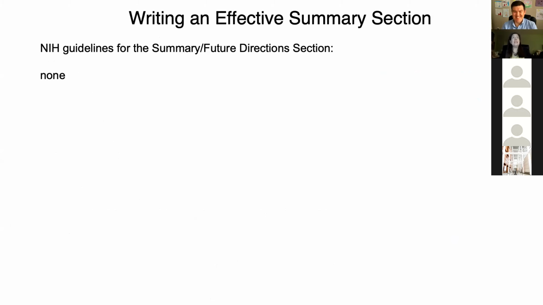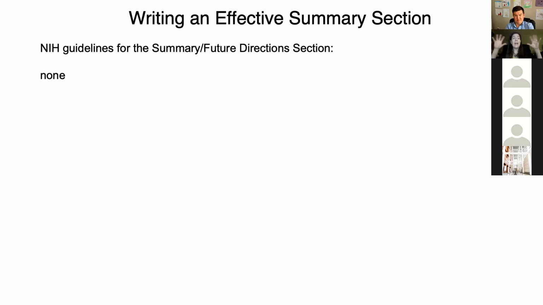So in a sense, this section is about your style as a writer. I would say every proposal that we have as an example has this kind of summary section, but what is contained in that summary section is really up to you.